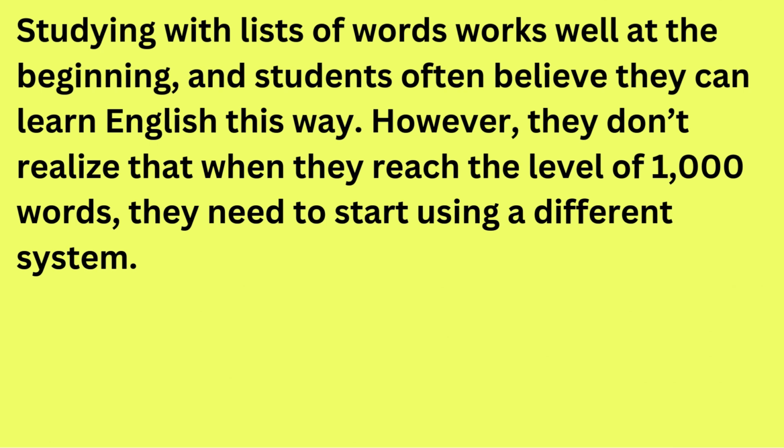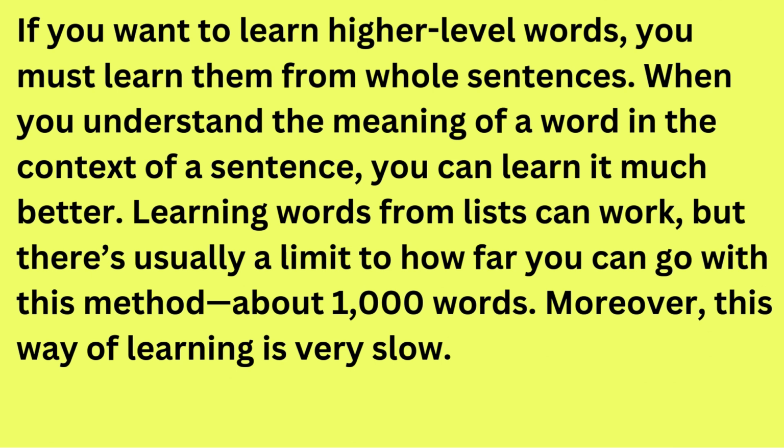Studying with lists of words works well at the beginning, and students often believe they can learn English this way. However, they don't realize that when they reach the level of 1,000 words, they need to start using a different system. If you want to learn higher-level words, you must learn them from whole sentences.